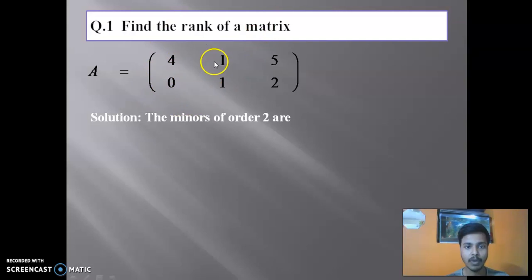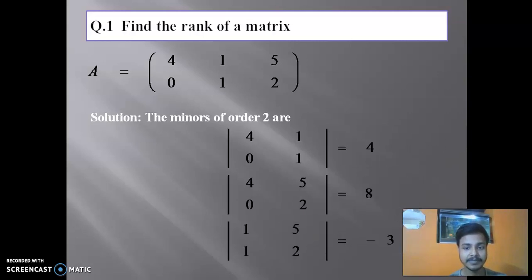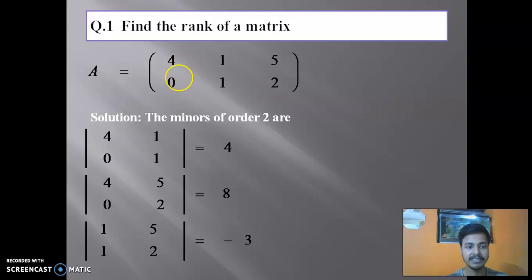The first is 4 0 1 1, that is one minor of order 2; another is 4 0 5 2; and the third is 1 1 5 2. So we are getting 3 minors of order 2 in this example.